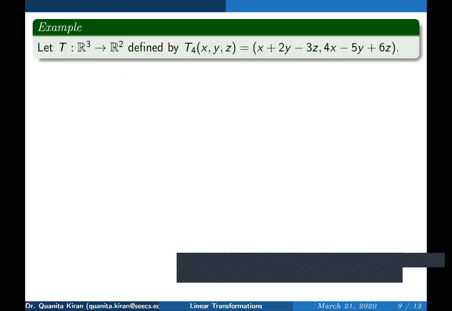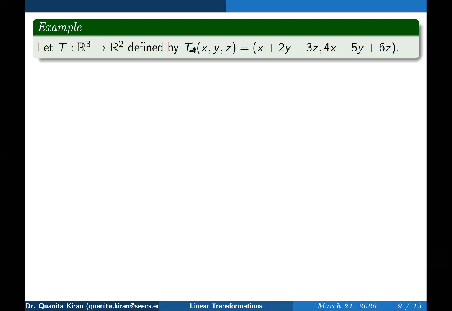This is an example of how we show that a transformation is a linear transformation. Here we are transforming R3 onto R2 under the transformation T. I am doing this example by taking the two conditions separately. First I discuss the preservation of addition, and then the preservation of scalar multiplication.